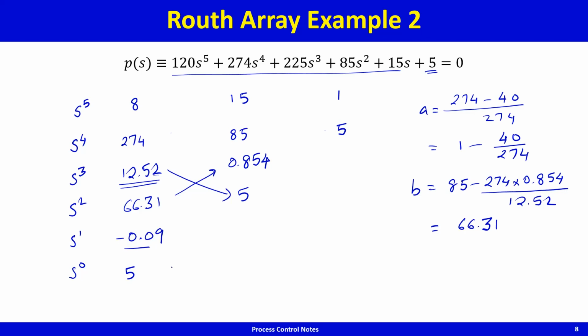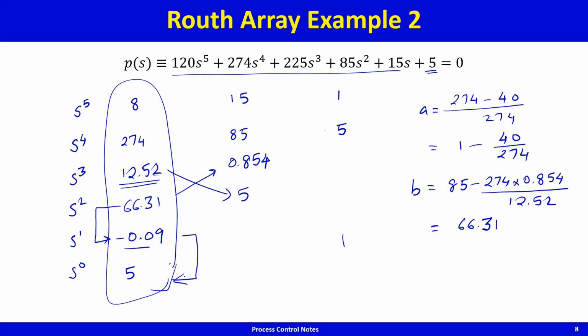And now if you examine your first column of the root array, there is one sign change in going from here to here, so that's 1, and then there's another sign change in going from here to here, so that's another 1. So there are a total of 2 roots in the right half plane, and therefore the system is unstable.